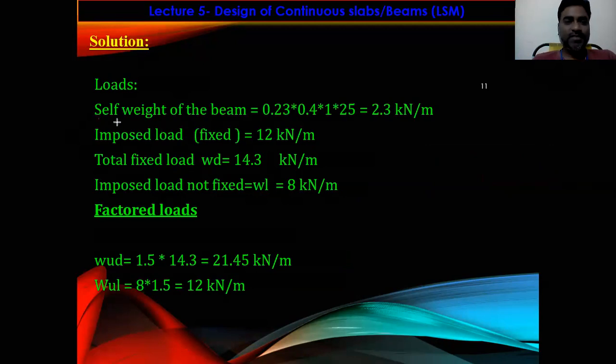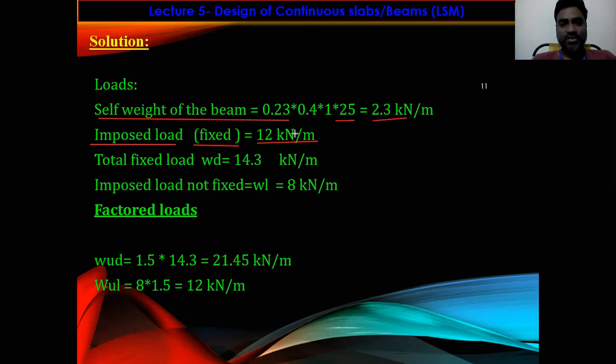That is, the self weight of the beam is 0.23 into overall depth 0.4 into 1 meter. We will consider 1 meter length and 25 is the unit weight of concrete, RC. So you will get 2.3 kilonewton per meter. And the imposed load, that is the fixed one, 12 kilonewton per meter.